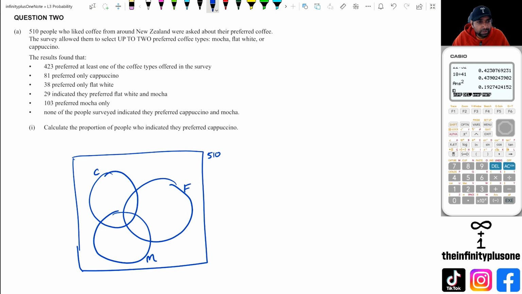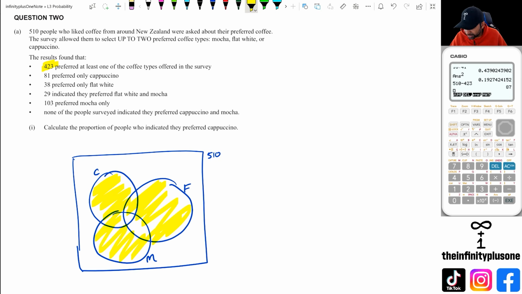It says 423 people preferred at least one of the coffee types surveyed. What that means is that the 3 circles combined together equal 423. So the outside area, I can figure out by going 510 minus 423, which is 87.